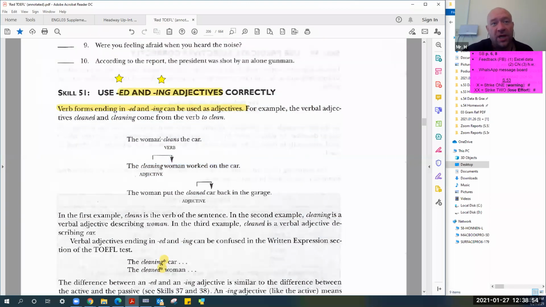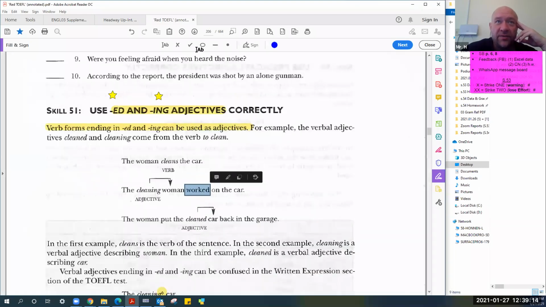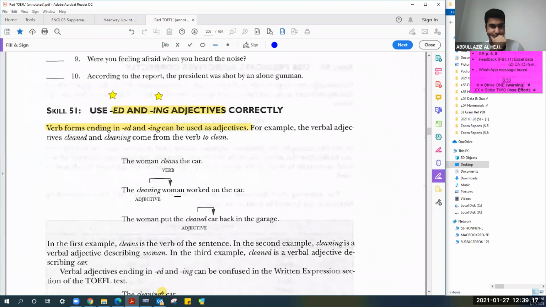Now, gentlemen, can you find the verb in this example? Where is the verb in this sentence? Find the verb. Worked. Here's the verb. What about cleaning? Adjective. Okay. So cleaning is not a verb. Worked.